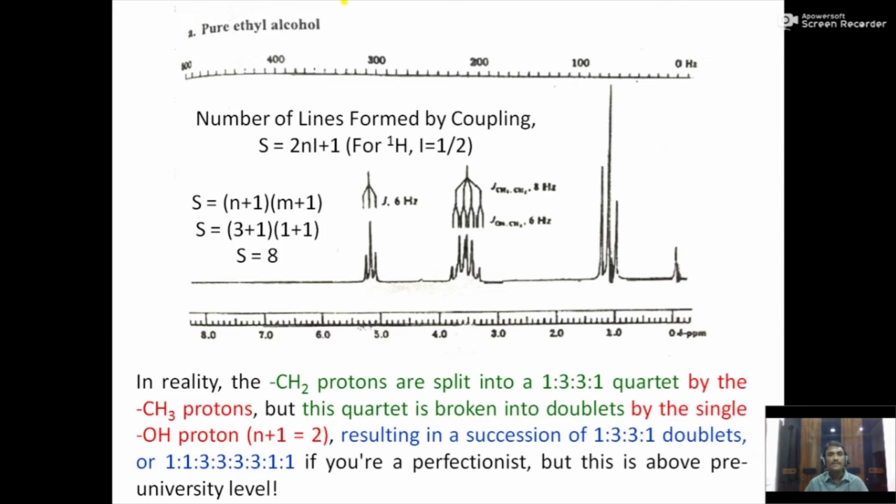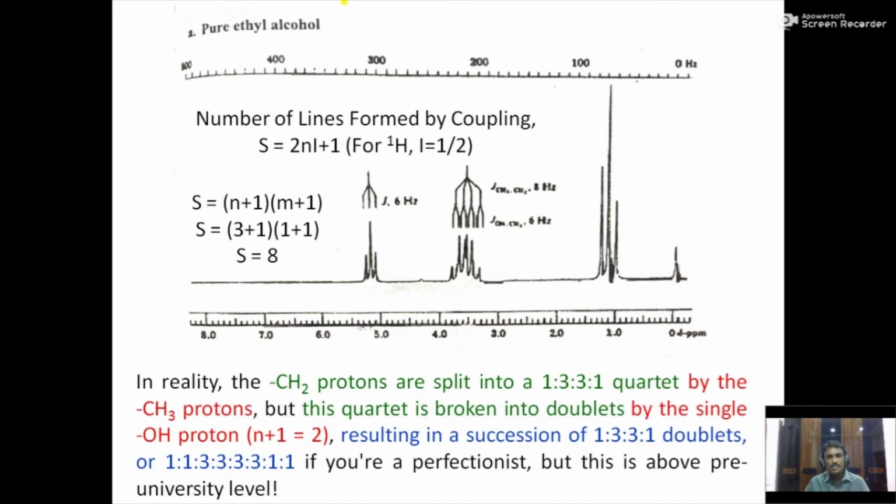Spin splitting will take place. The signal can be calculated like this. Signal is equal to (n+1)(m+1). So S is equal to 3 protons from CH3 plus 1, into 1 proton from OH plus 1. So 4 into 2 is equal to 8. So we are getting 8 lines, 8 signals.